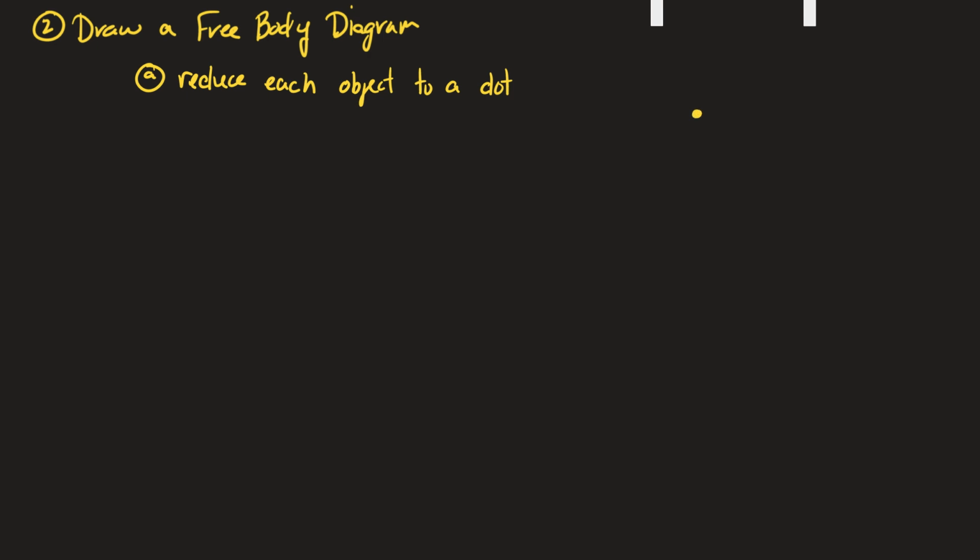The idea is to get rid of the table if we're not interested in the table, get rid of the floor if we're not interested in the floor, reduce the object that we need to observe to a single dot. That dot represents the mass of the object. We're trying to get away from the extension of the object or the shape of the object. We'll deal with shape of objects second semester when we talk about how they spin. But for what we're doing now, which is called translational motion, we don't care what the shape of the object is. So we get rid of the distraction and reduce the object to a dot.